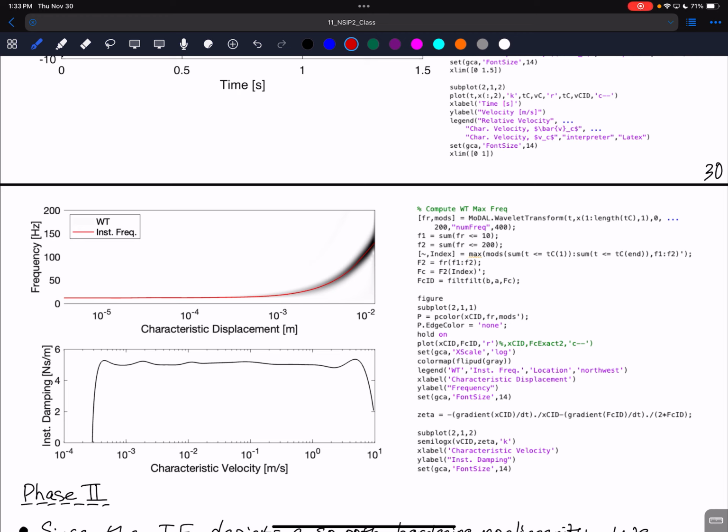That's what that red curve is, and again, this has also been filtered to smooth it out a bit. And the characteristic damping curve, or instantaneous damping, is just calculated using that equation that I gave you. The code is shown to the right. You can see the zeta term is right here, computing the instantaneous damping, which is relatively flat because it's just a linear viscous system.